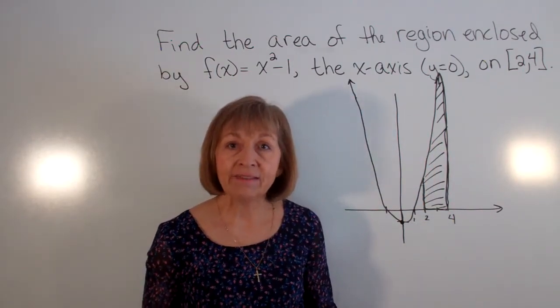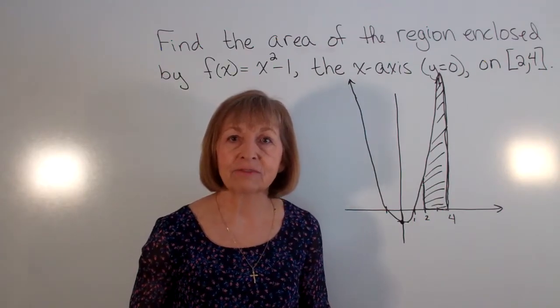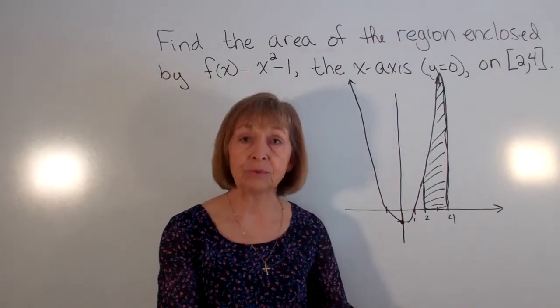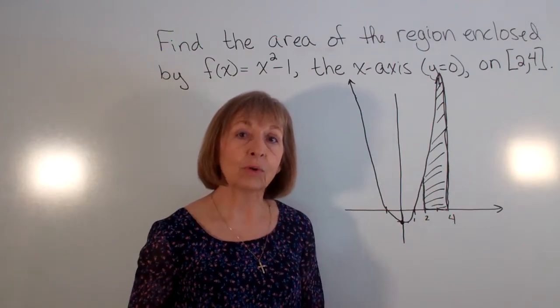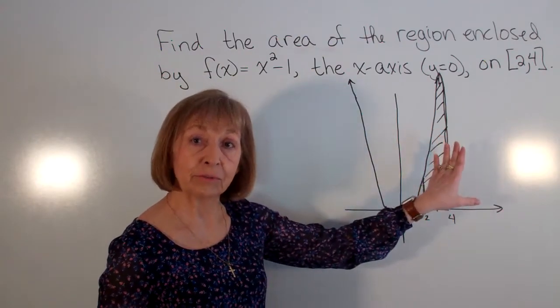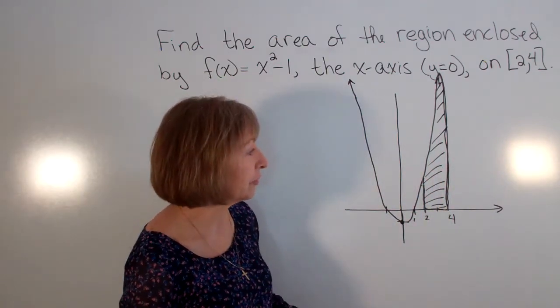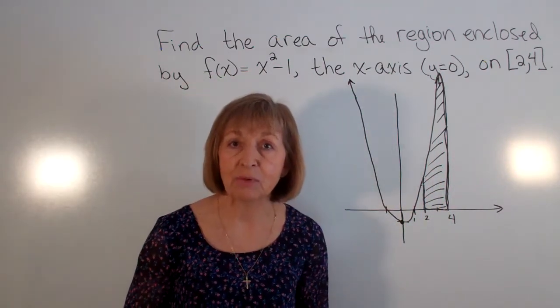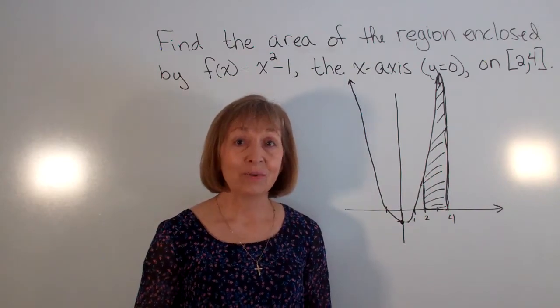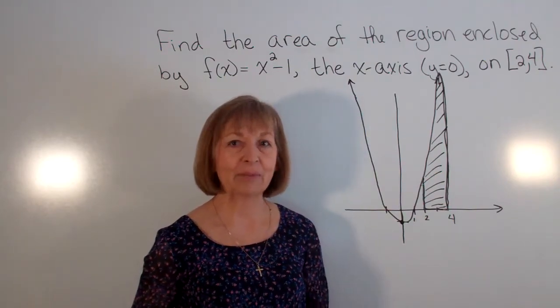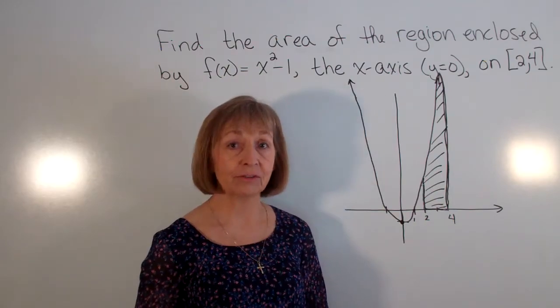So instead of having to do that limiting process for area that we had to do in our previous work with a non-negative function over an interval, I can just evaluate it using the definite integral.